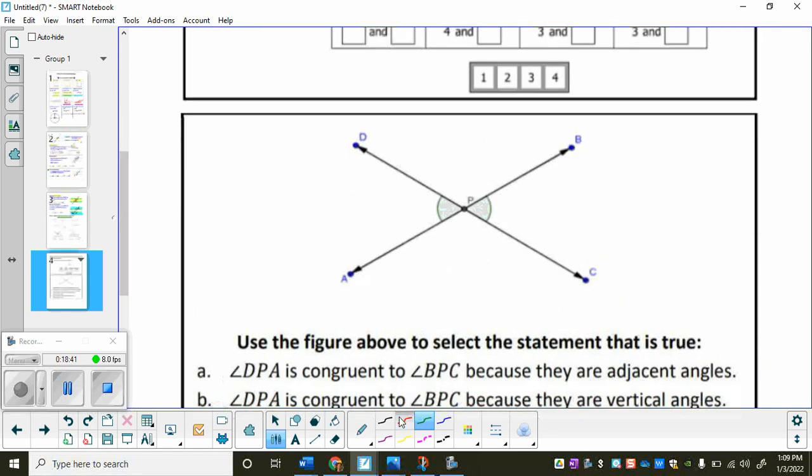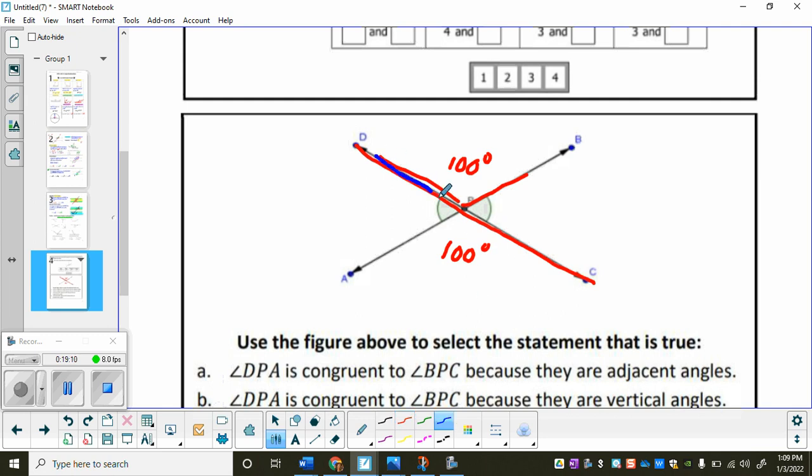But before I turn you over to practice on your own, I just want to mention real quick that if I say this straight line right here makes 180, and to me this is clearly an obtuse angle, and I'm going to say that this one measures 100 degrees. If this angle measures 100 degrees, it is vertical down here. That means this one also has to measure 100 degrees.